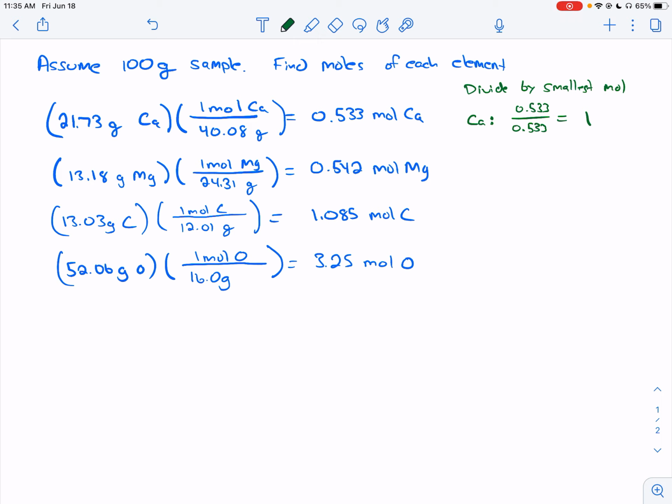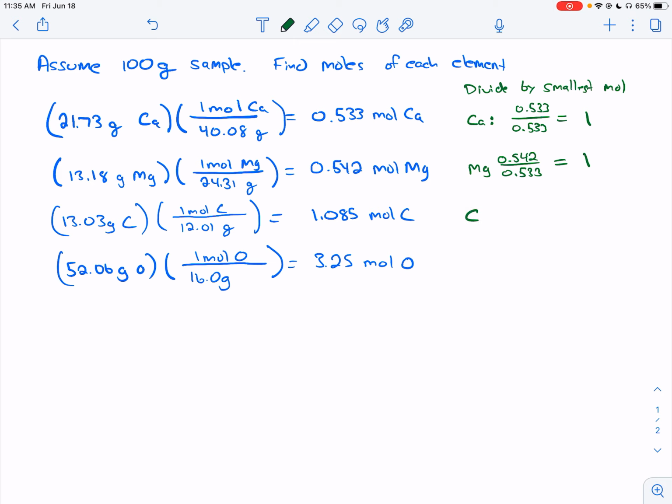I'm going to go down the line. Magnesium would be 0.542 divided by 0.533, which within rounding, we need to round these to the nearest whole number, 1.